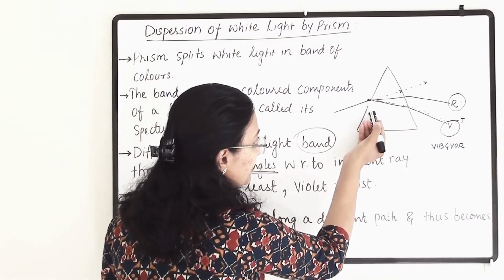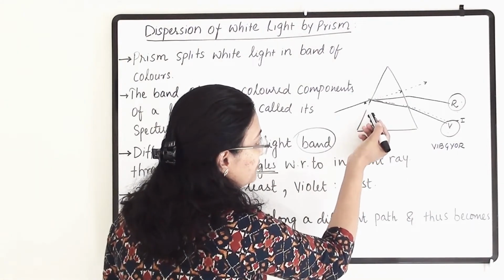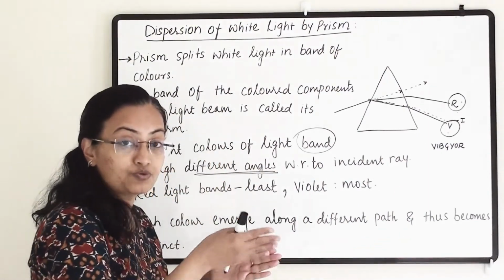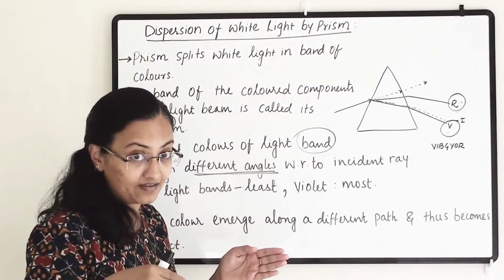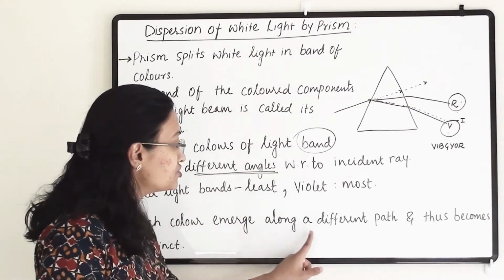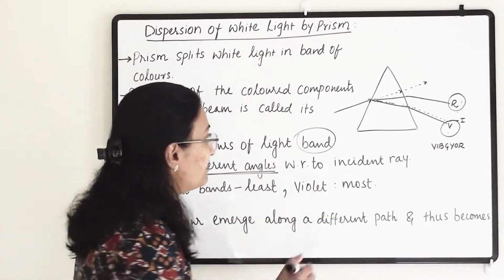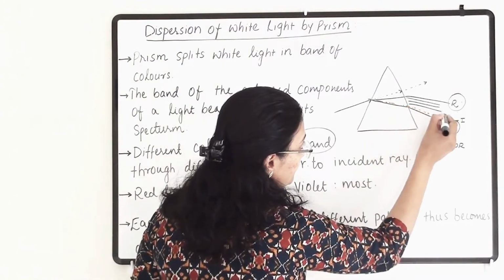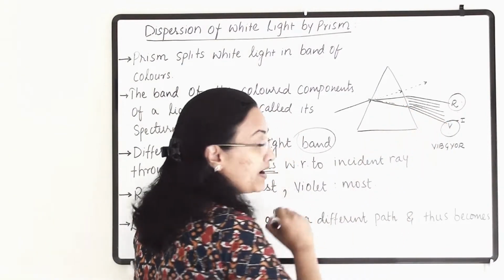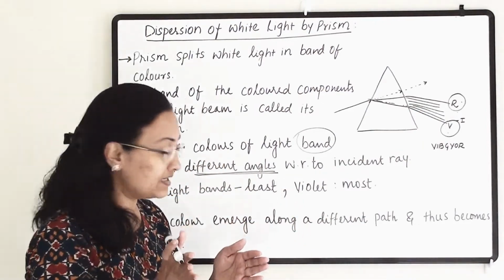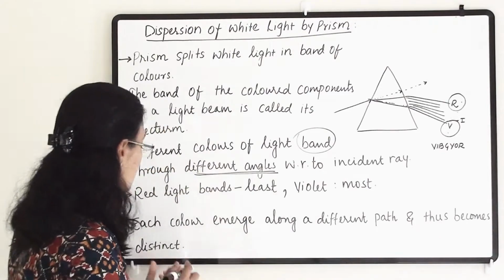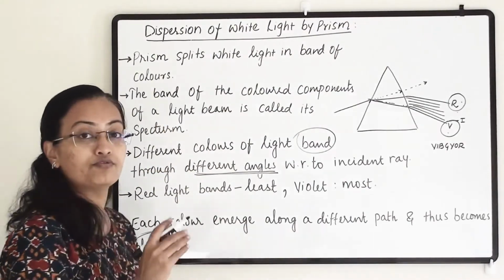This emergent ray will get refracted, and because of this it will split into 7 colors. And these colors will bend at different angles, and that's why they will emerge along a different path. We will get to see here 7 different paths like this. And why? Because they all are bending at different angles along a different path, and thus become distinct and different from each other.